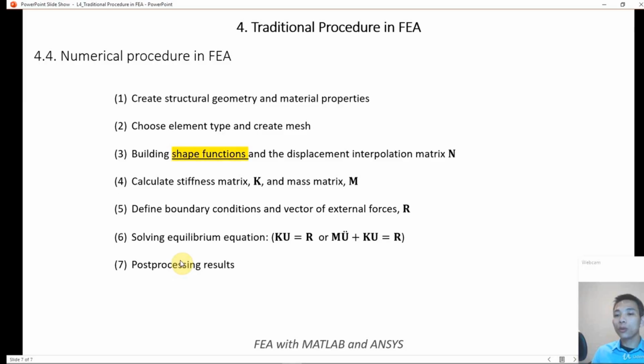What we do in post-processing is obtain stress and strain, and we can compare stress and strain with some allowable values, and then you can give a final conclusion whether or not the structure is safe. So that is the traditional procedure we use in finite element analysis.